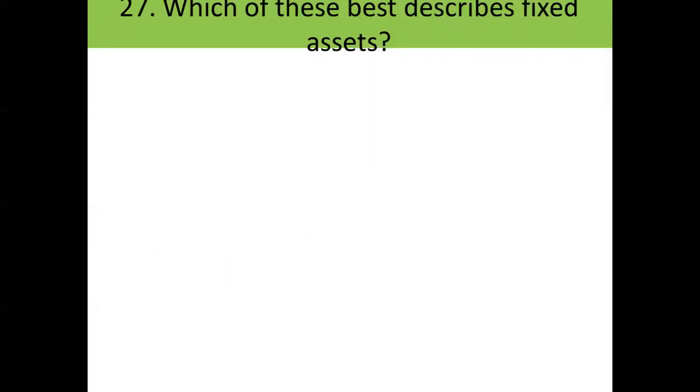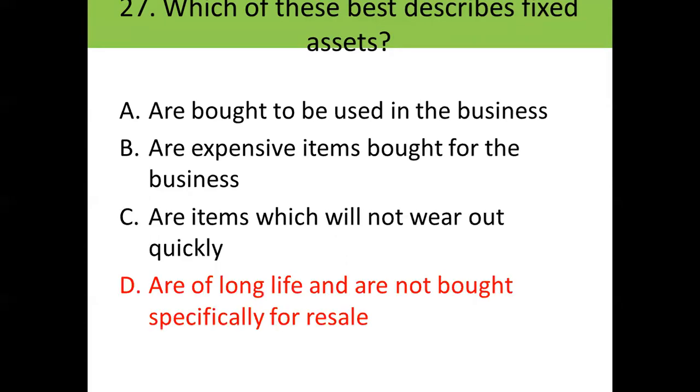Question 27. Which of these best describes fixed asset? Fixed assets are of long life and are not bought specifically for sales. Yes, this is the best definition of fixed asset.